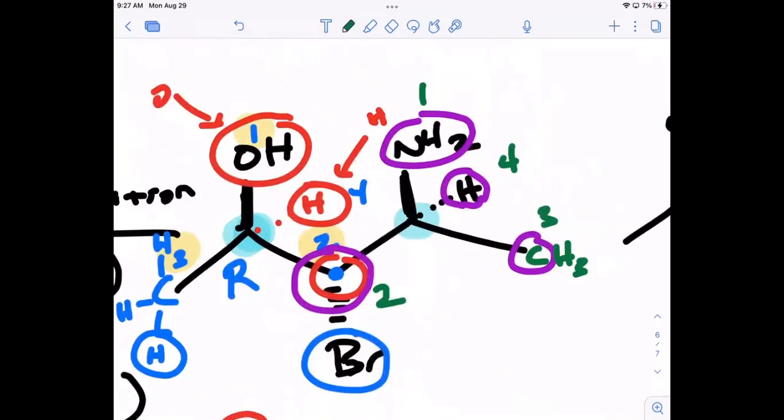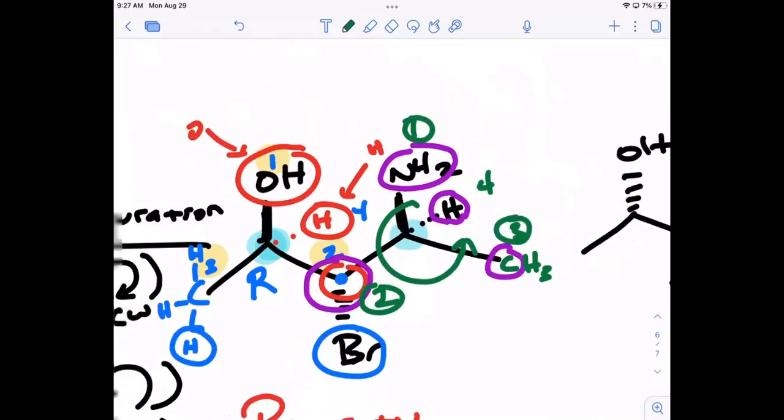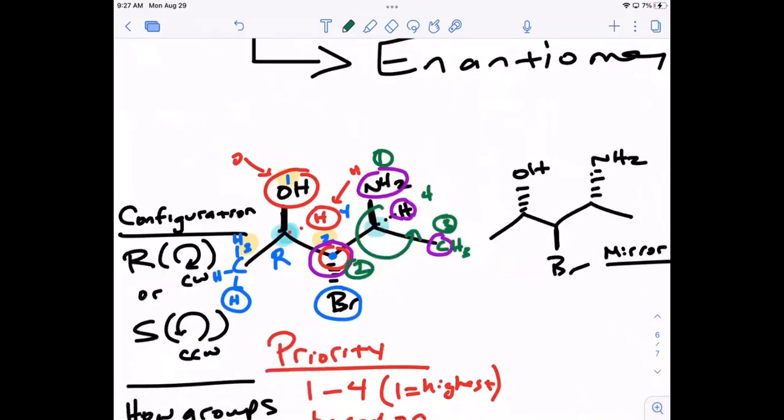Now, all we're looking at is the top 3 groups. We don't care about 4, and 4 is already pointed back into the page, so it's irrelevant to us in determining configuration. So is that clockwise or counterclockwise? If I'm counting from 1 to 2 to 3, is it clockwise or counterclockwise? Counterclockwise. That's exactly right. If R is clockwise, counterclockwise is the opposite.